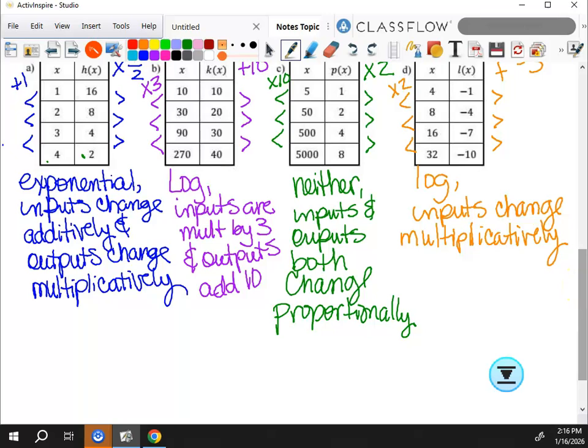So inputs change multiplicatively over equal length output value intervals. Oh, output. Goodness, that does not look like output. Hang on. So equal length output value intervals.